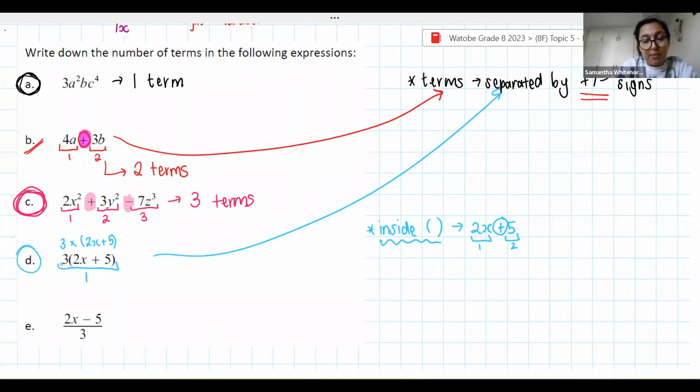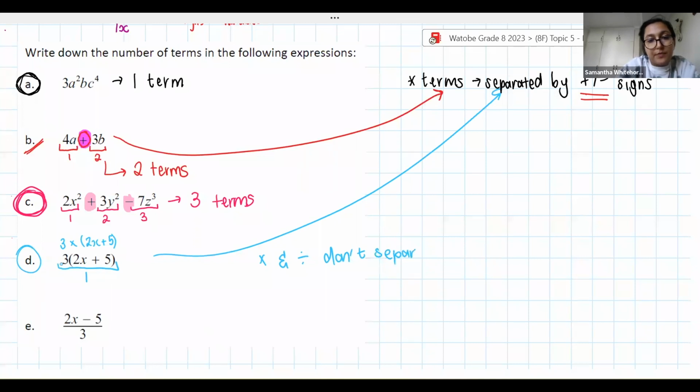Yes, inside the brackets, I've got two terms, but I don't want to look at what's only inside my brackets. I want to look at the entire expression. And because multiplication and division don't separate terms, I only have one term here.